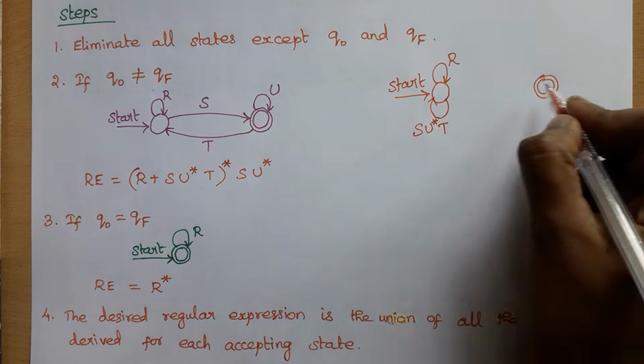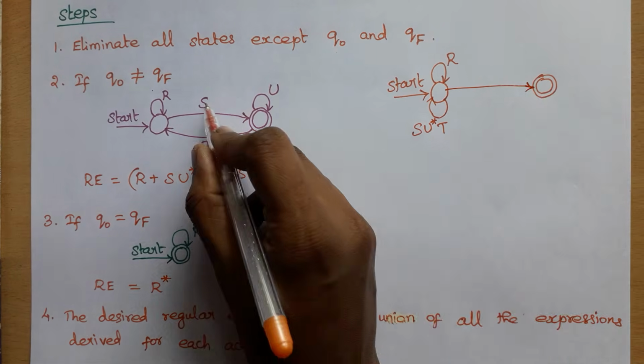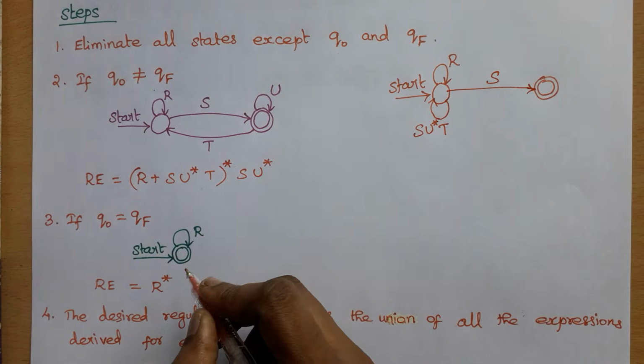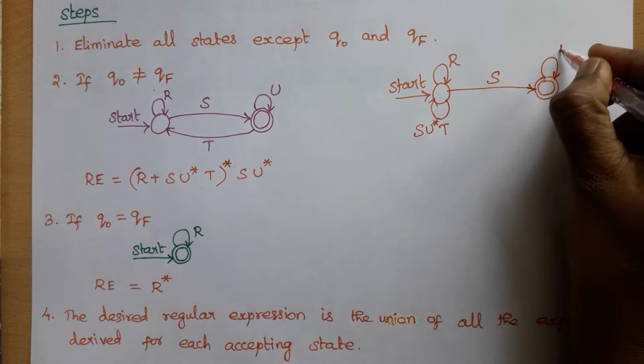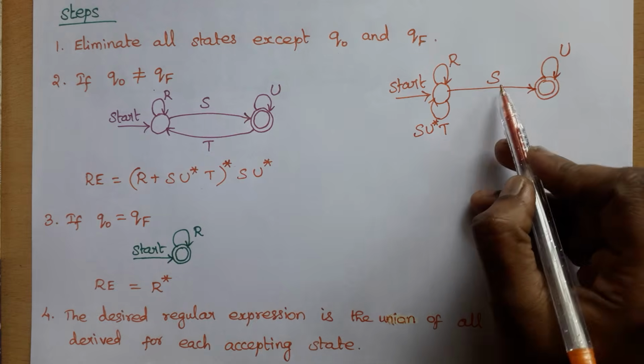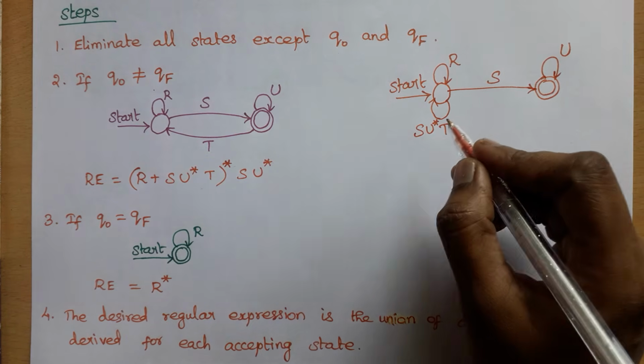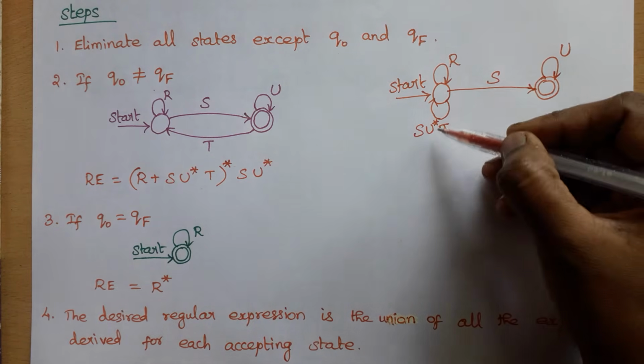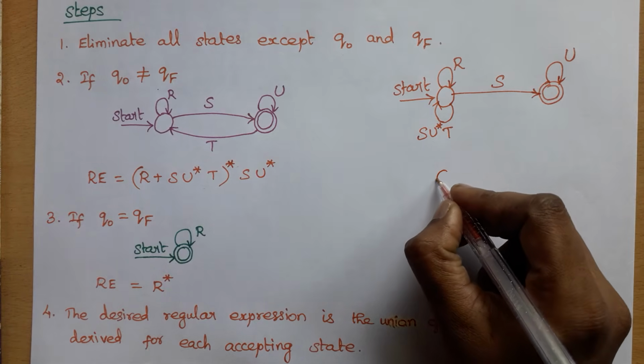So from the start state we can reach the final state by following this arc, and it has a self transition. So if we simplify this loop, we will get R S U star T S U, and we can also combine these two, right?